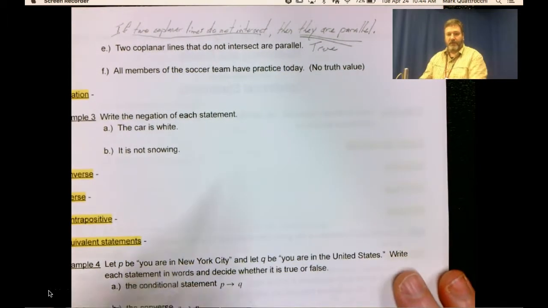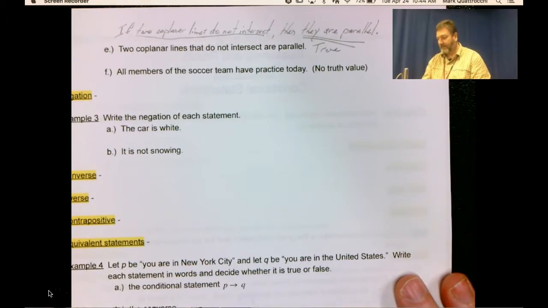Okay, part F. We don't need to do the truth value for this one. All members of a soccer team have practice today.